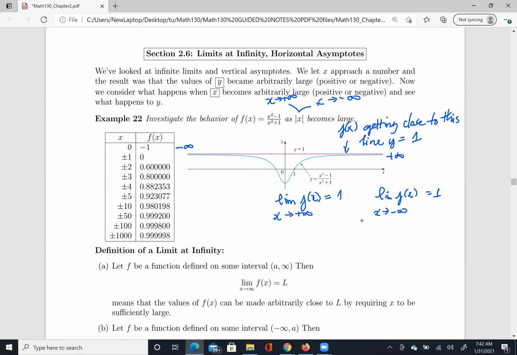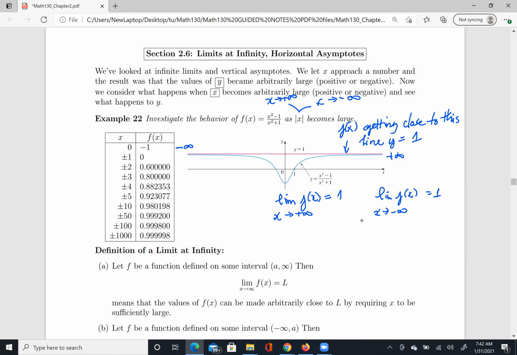On the left hand side over here, you also have a table of values of x and f(x) to check.